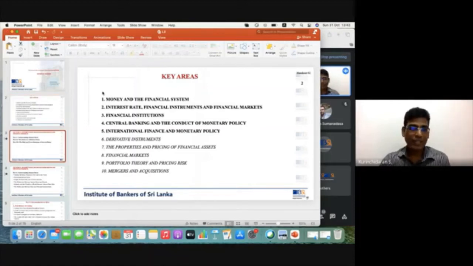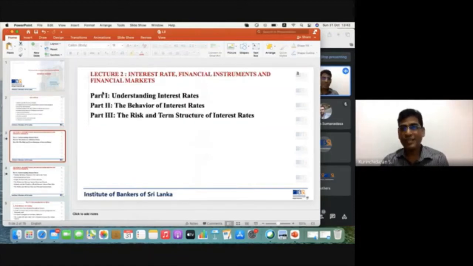Under that title, we can see three areas of interest rate aspects. One is understanding interest rates, then how interest rates behave, and when it comes to risk structure and term structure, what special aspects we have to look into. Those are the three areas I want to focus on.